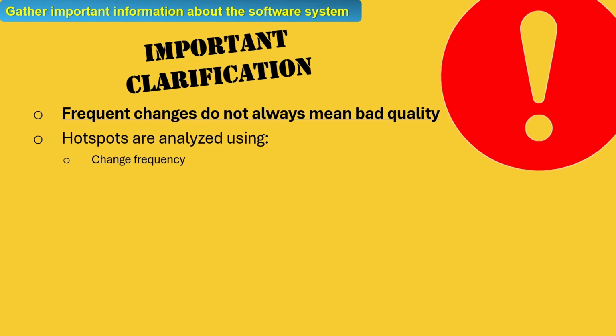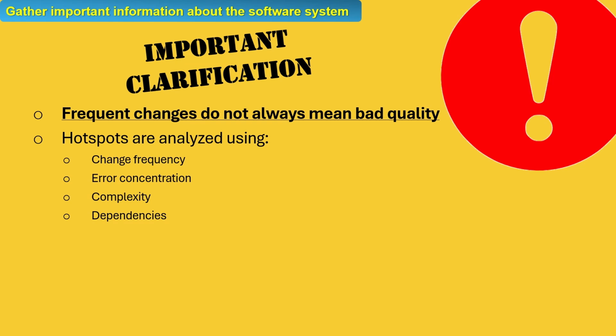The important point is that change frequency alone is not enough. It must be analyzed together with other factors such as error concentration, complexity, number of bugs, dependency count. For instance, a payment processing module in an e-commerce system may frequently change because it is central to the application. So that is normal.